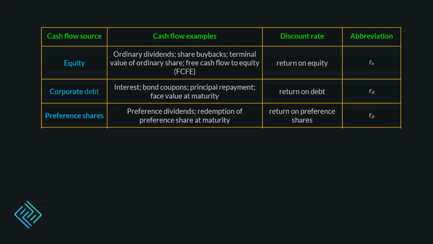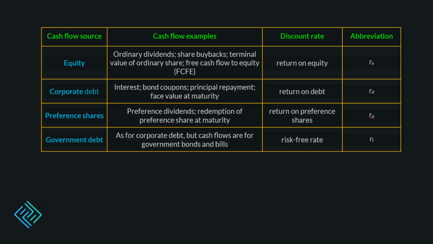If the cash flow source is government debt, you might think that it would make sense for the discount rate, following the principles we've been applying so far, to be the rate of return on government debt. Well, yes, it is, but there is a special name in finance for that rate of return on government debt, and it is the risk-free rate, which is absolutely fundamental and foundational throughout finance.